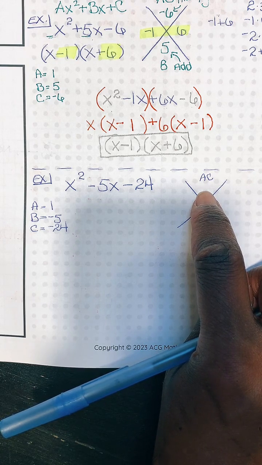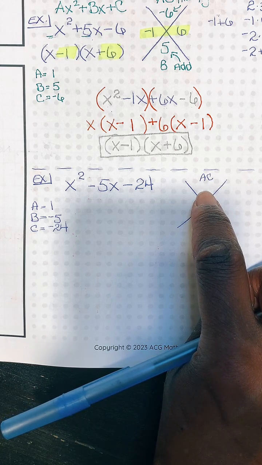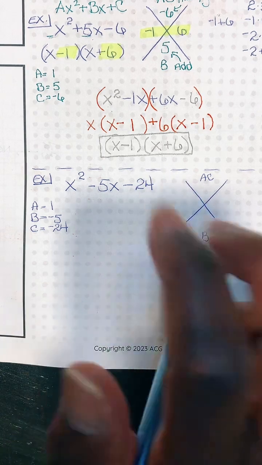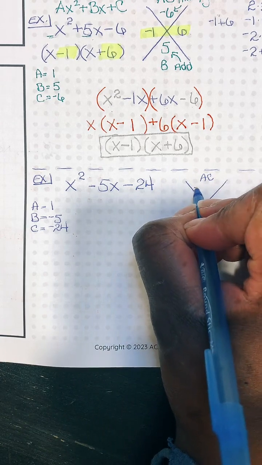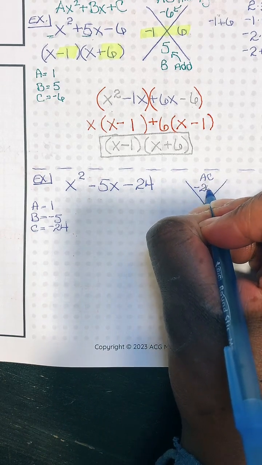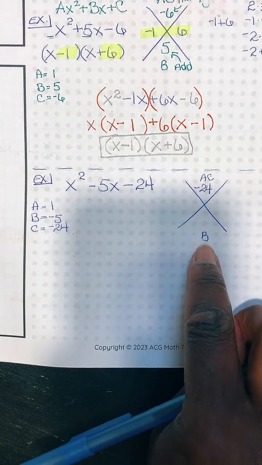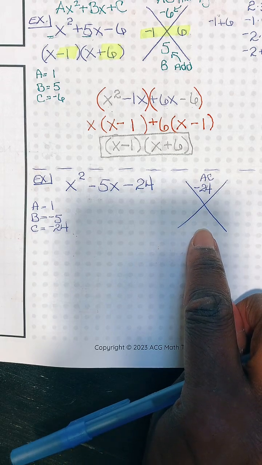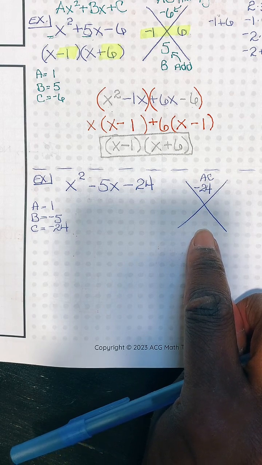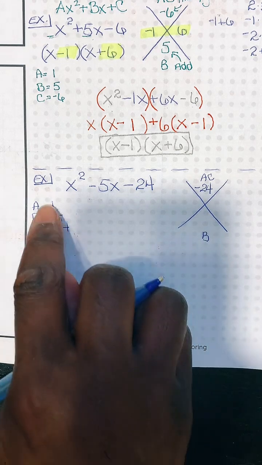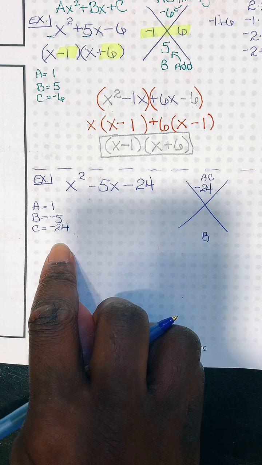I got -24. And then I'm rewriting my B, which is what? Not 25, 24. All you're doing is multiplying.